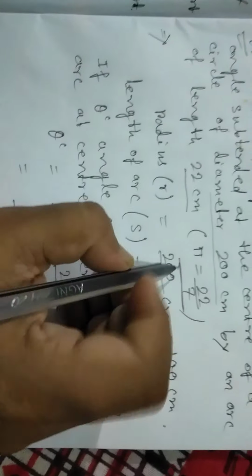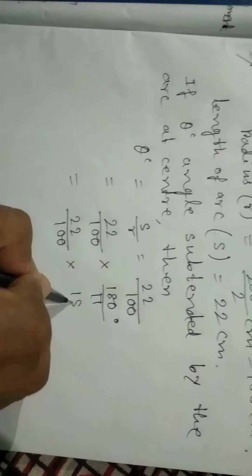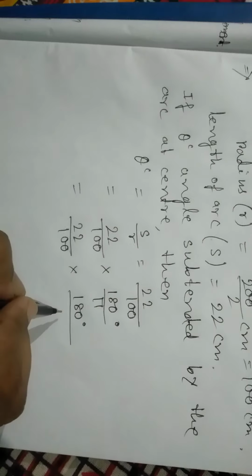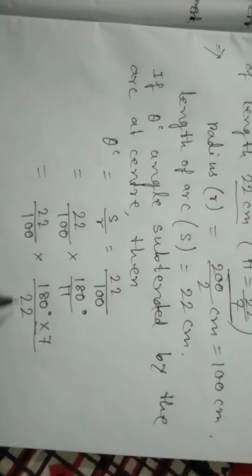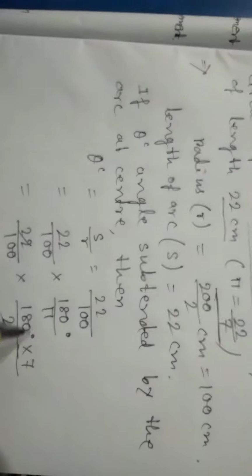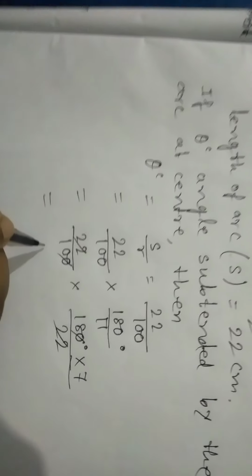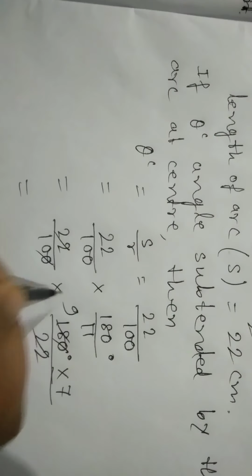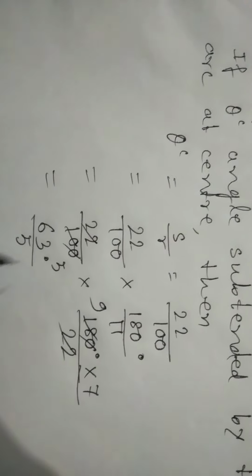Now we know it is given in the question that pi equals 22 by 7. So in the place of pi, if you write 22 by 7, then 22 and 7 will be reciprocal. So there will be 7 by 20. Now cut it. 63 by 5 degree. Okay.